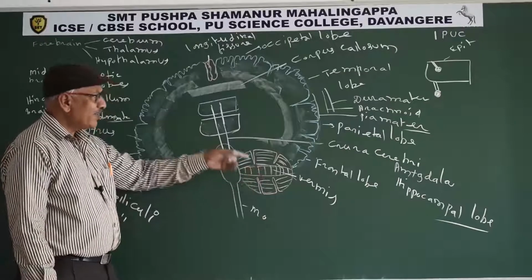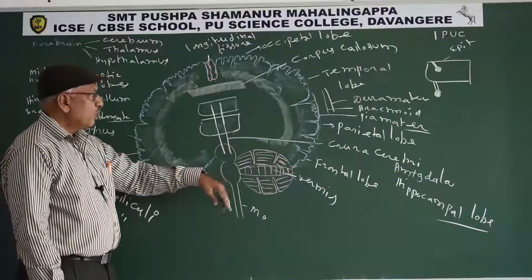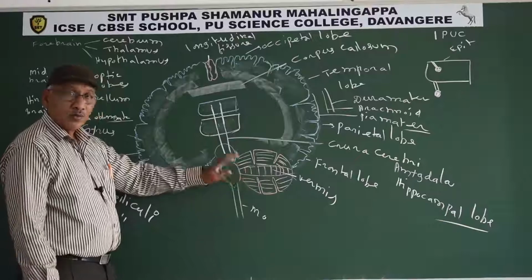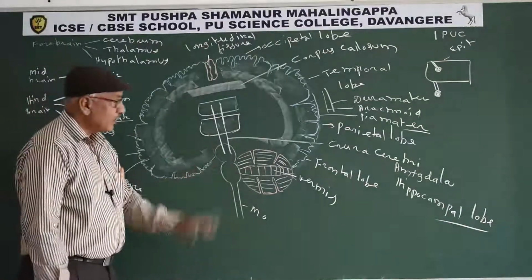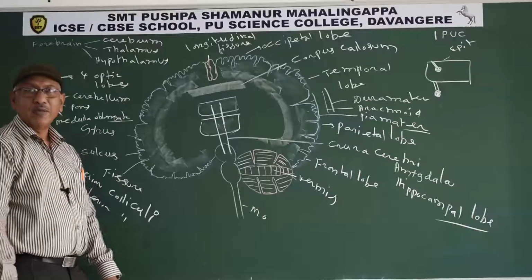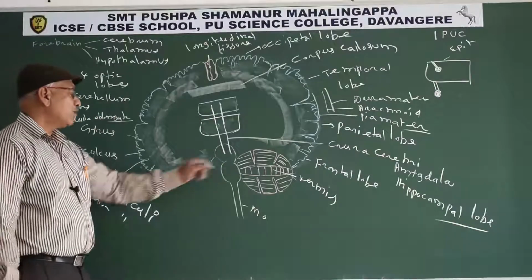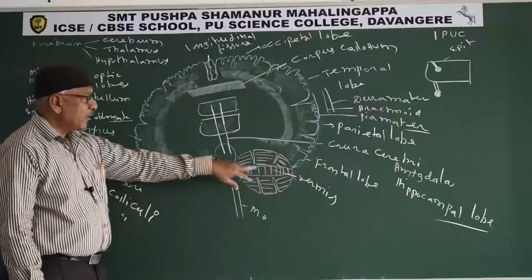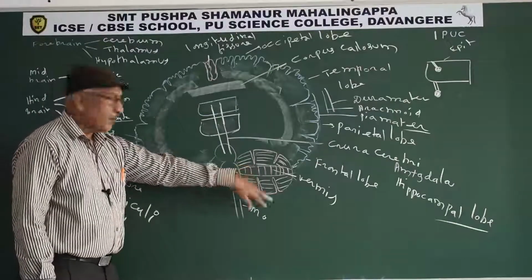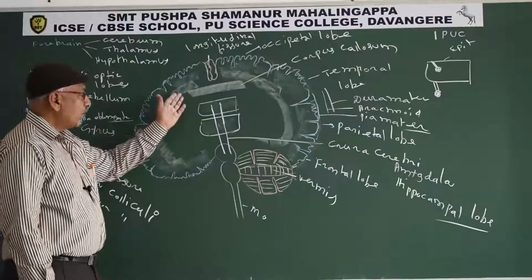So what is the function of cerebellum? Cerebellum maintains the equilibrium. Next one, pons varolii. Pons varolii acts as a relay station between the cerebellum and the remaining part of the brain.